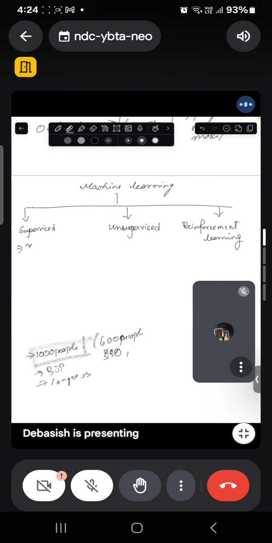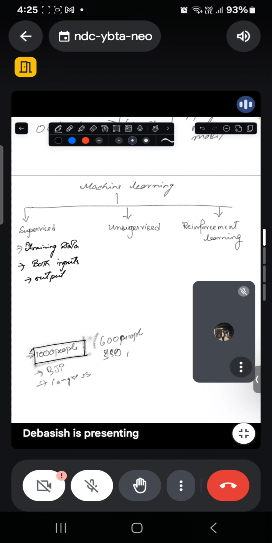So here some training data are there, and both inputs are there. Input means these 1000 people's inputs, for this case, and all the outputs also.